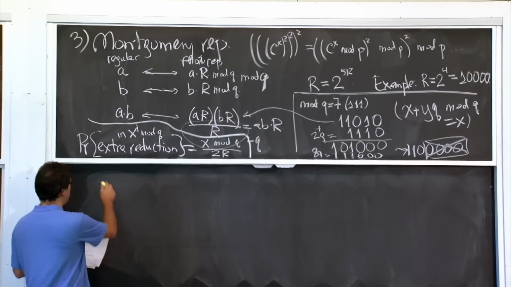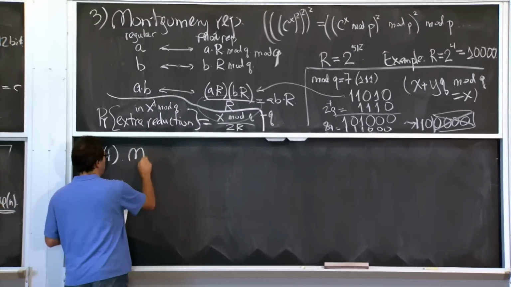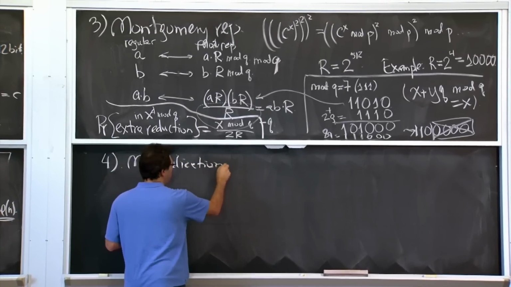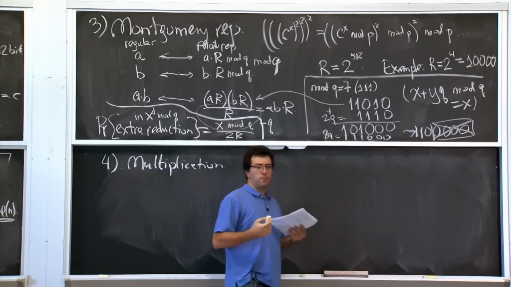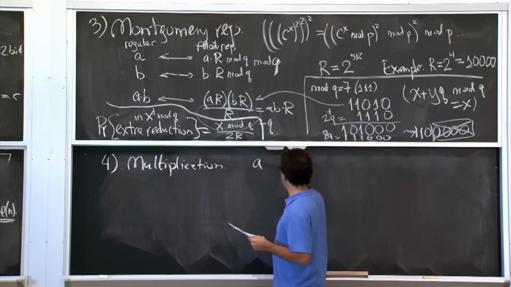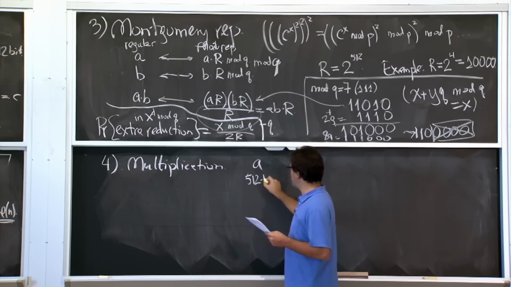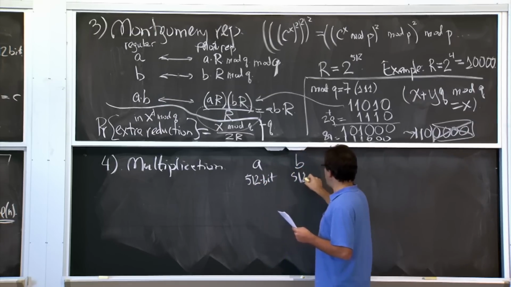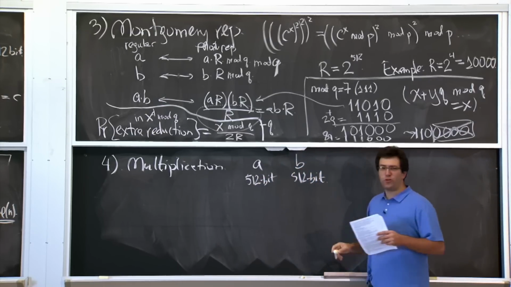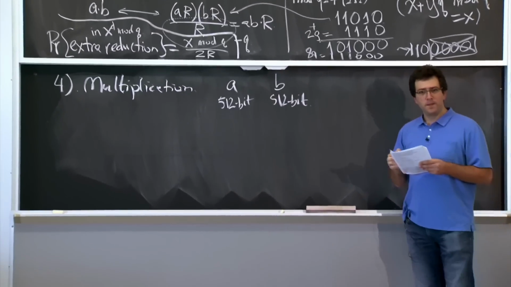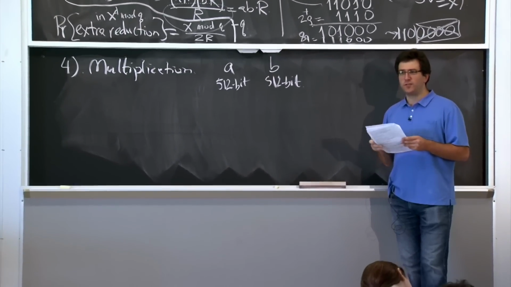Suppose you have the raw multiplication, so this is not even modular multiplication. Suppose you have two numbers, a and b, and both are 512-bit numbers. How do you multiply them together when your machine is only a 32-bit machine like the guys in the paper, or 64-bit, but still, same thing? So how would you implement multiplication of these guys?